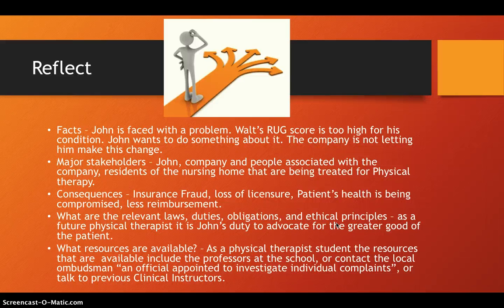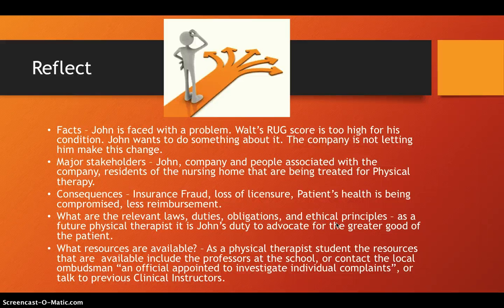So to reflect back on everything that we just talked about, the fact is John is faced with the problem. Walt's RUG score is too high for his condition, and John wants to make sure that he is taking the appropriate steps for his patient. The major stakeholders in this are John, obviously, and also the company, because they're making the money, and on a bigger scale, this isn't just affecting Walt.